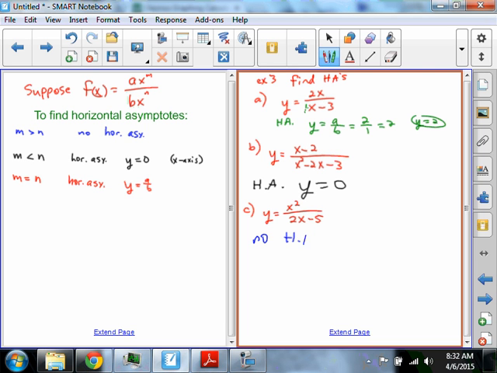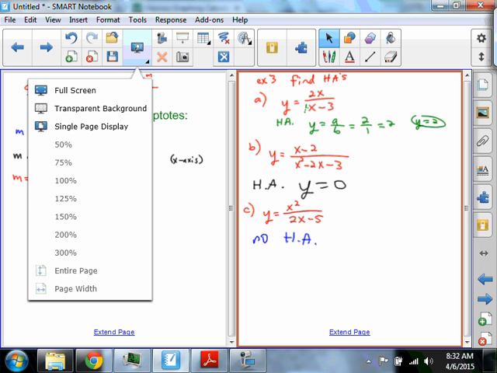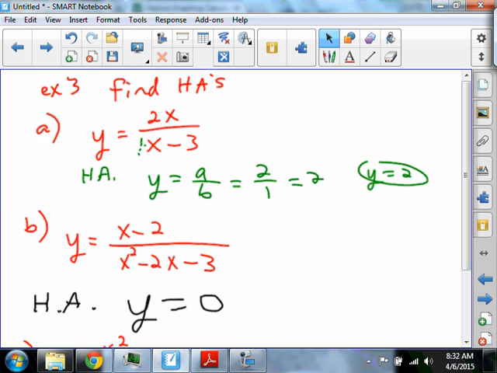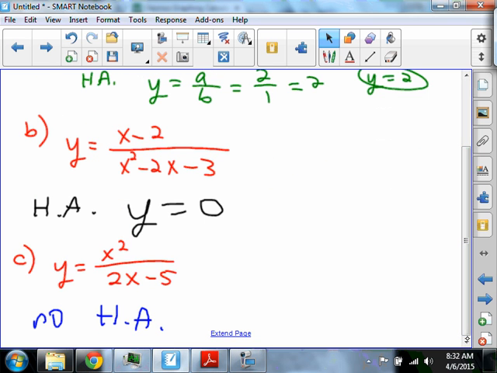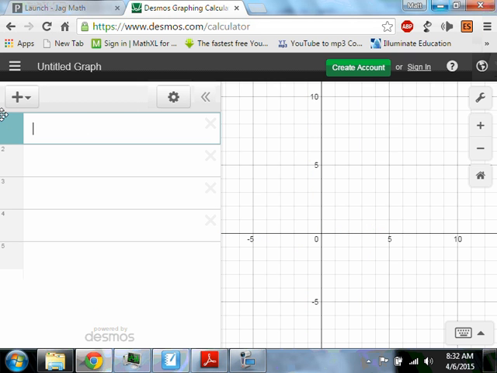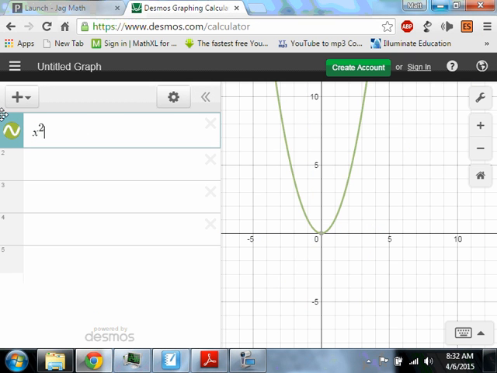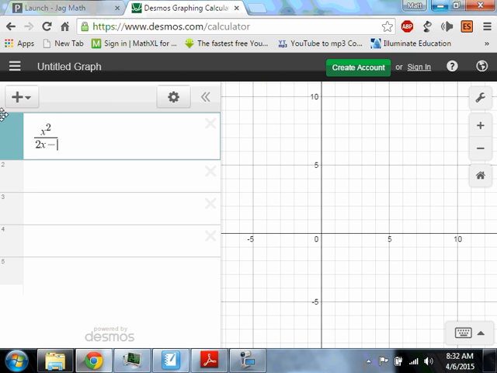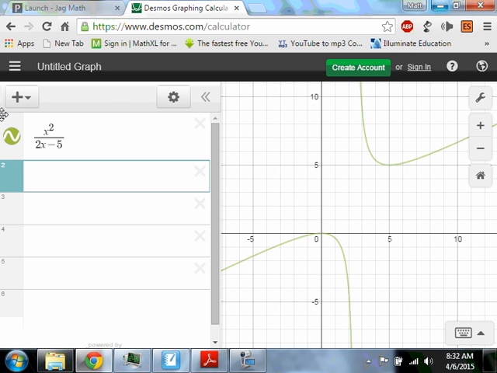No horizontal asymptote. Okay? And again, one last time, we've got x squared over 2x minus 5.